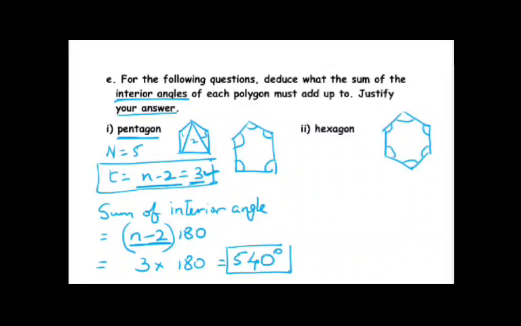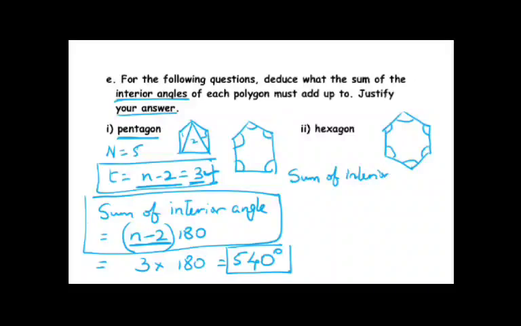Instead of adding up all the angles, we use this newly derived formula which says sum of interior angles, I'm just writing the short form of angles, is equal to n minus 2, which will give us how many triangles are there in this figure, and the number of triangles will then have to be multiplied by 180. So how many sides do we have? It's a hexagon. So 1, 2, 3, 4, 5 and 6. The hexagon is a 6-sided figure.